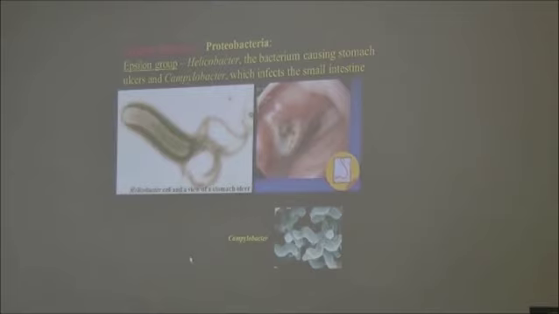If you have a stomach ulcer, it's because you've got Helicobacter living in you. And for many years, it was thought that the reason that people got ulcers is they worried about this and this. And it turns out that if you don't have that bacterium in there, you're not going to get stomach ulcers. The problem is that it's a fairly common bacterium, so you do have the option of getting that if you want.